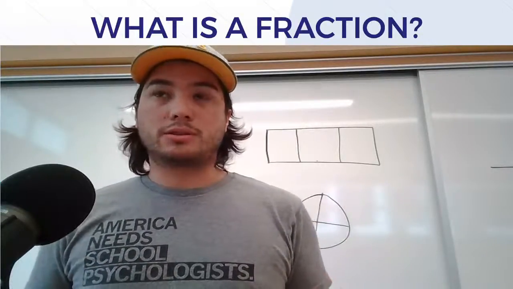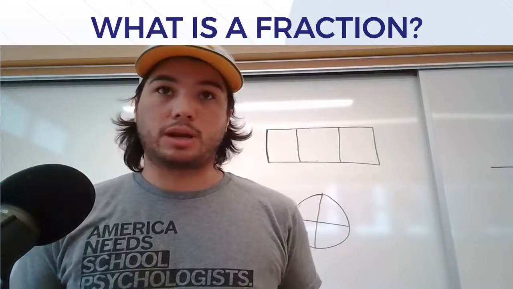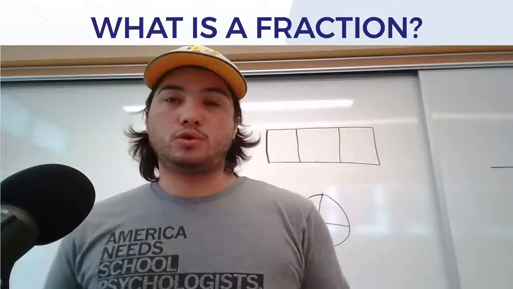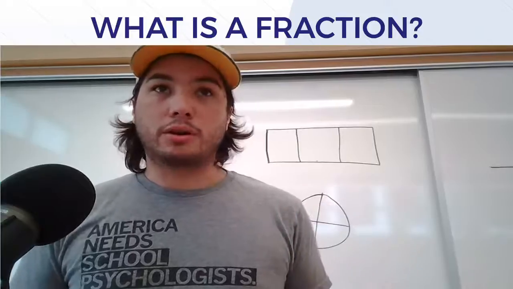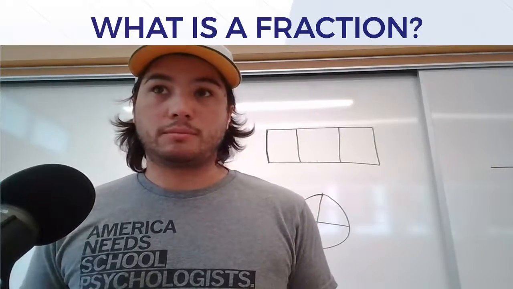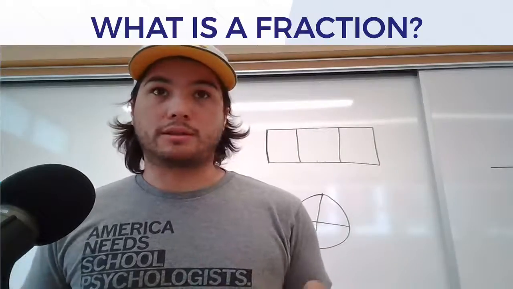So fractions are actually really great because they work with any value of something, whether you're cutting 1 pizza or 2 pizzas or 10 pizzas or 1,000,000 pizzas. A third of 1,000,000 is the same relationship to the whole thing as a third of 1.